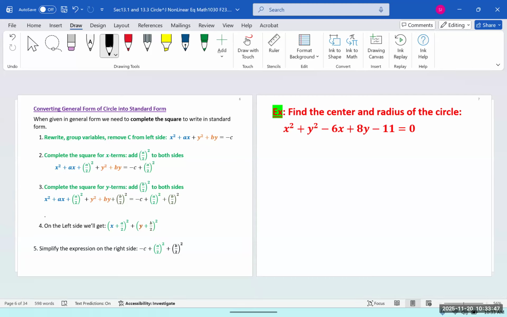Once for the x and once for the y. So to complete the square, we're going to take the x terms next to one another, and we're going to put the y terms next to one another. And we don't need the constant, so we bring it to the other side.